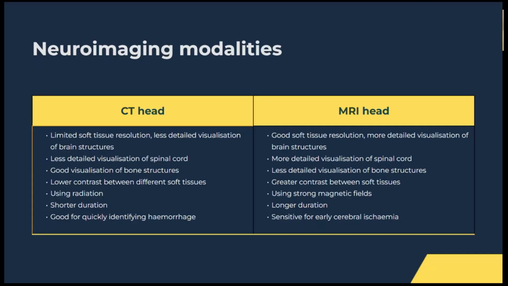The good thing about CT, especially in terms of stroke, is it's good for identifying hemorrhagic strokes quickly, and just generally for identifying hemorrhage quickly. The MRI would be better for identifying early ischemia, especially if it's in smaller areas as well.